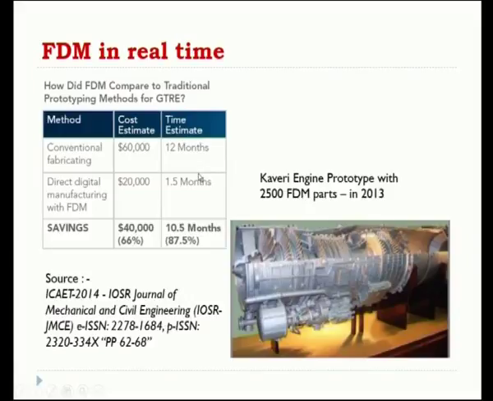I didn't take this data from an unauthenticated source. This is from a journal. So you can see the journal reference here as well. So think about the change, but using this FDM method they have developed it with 20,000 and within 1.5 months. That is more required at the moment, because even if there is the same cost, there is a marginal reduction in the time period. So that is how you can think about it.